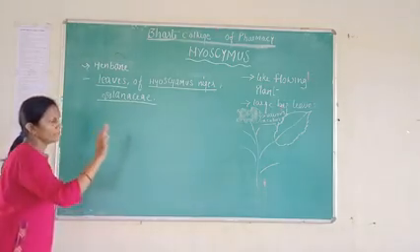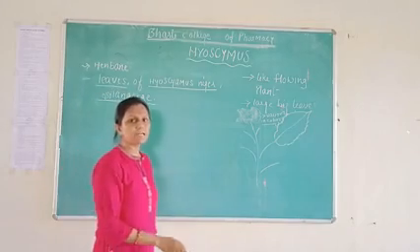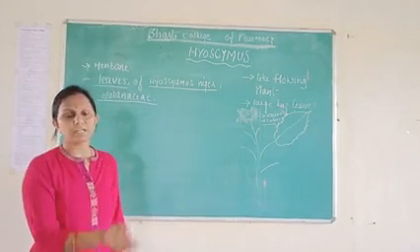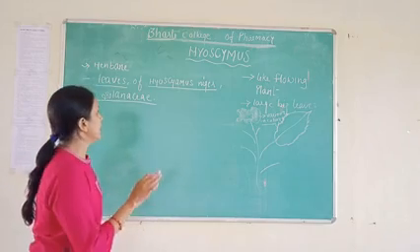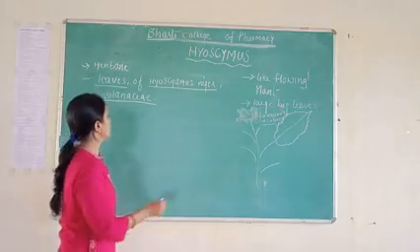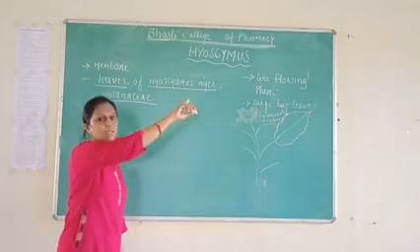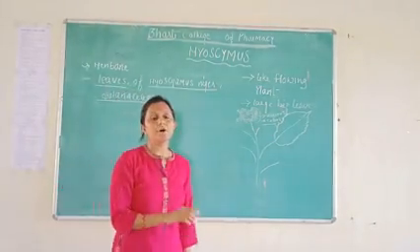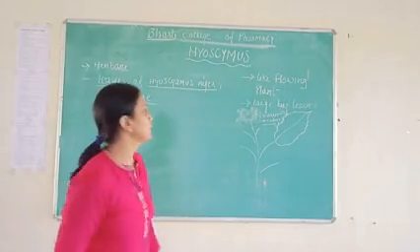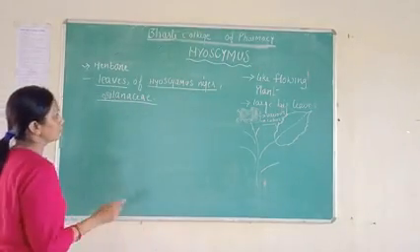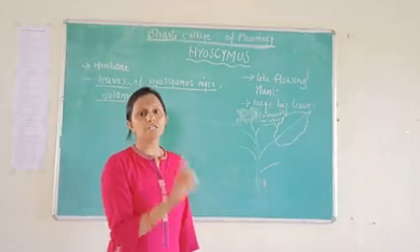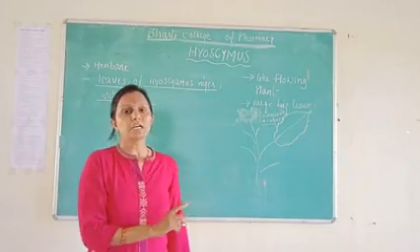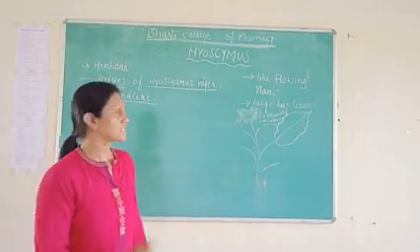So which part of the plant do we use as a drug? We use the leaf part. So this is all about the biological source of Hyoscyamus, from where we collect it.